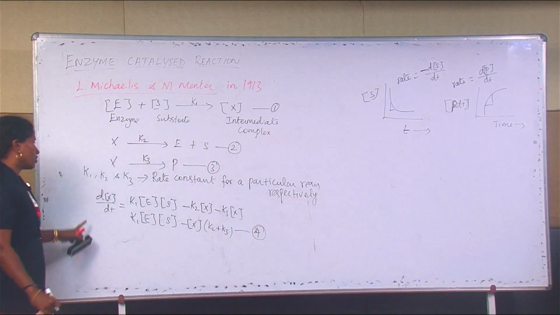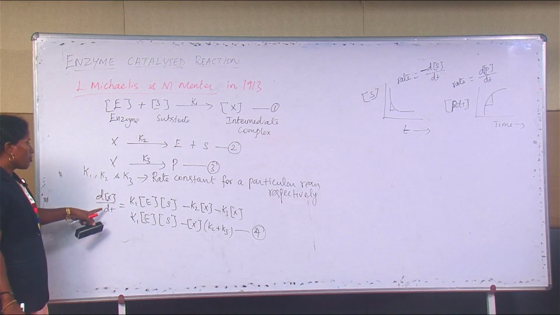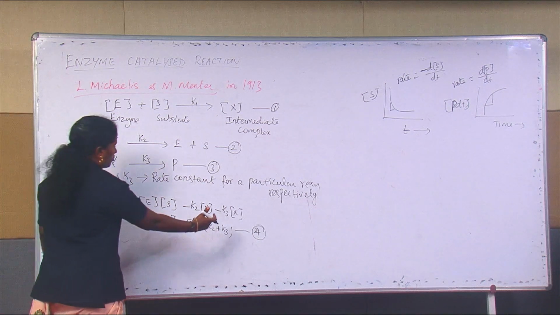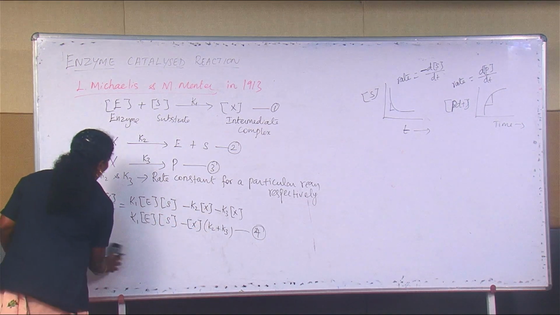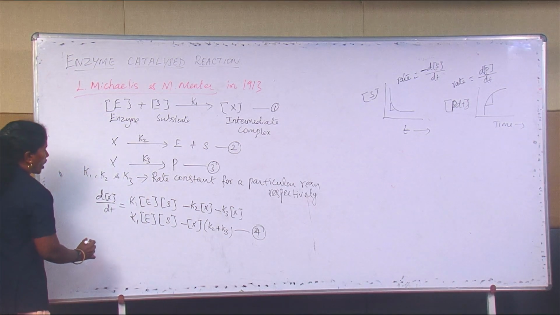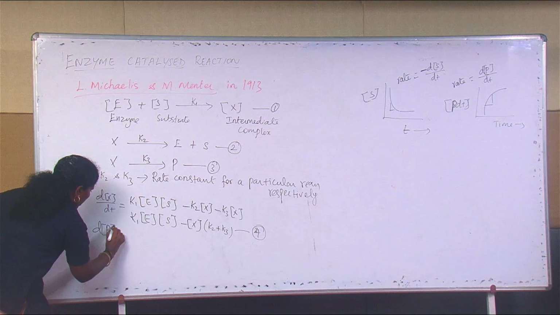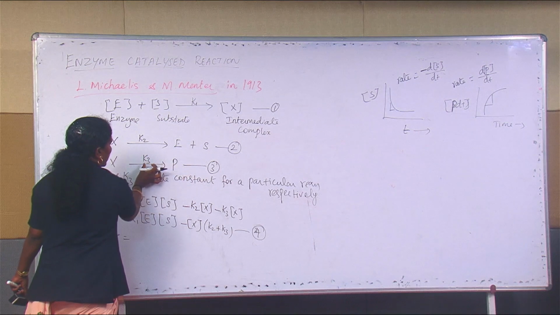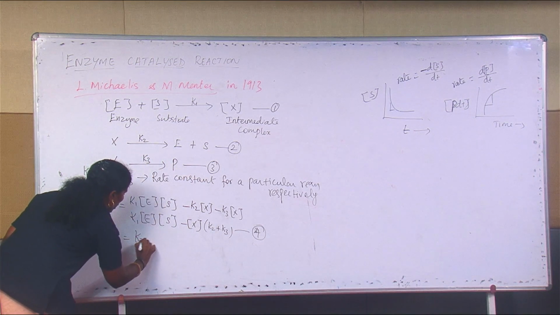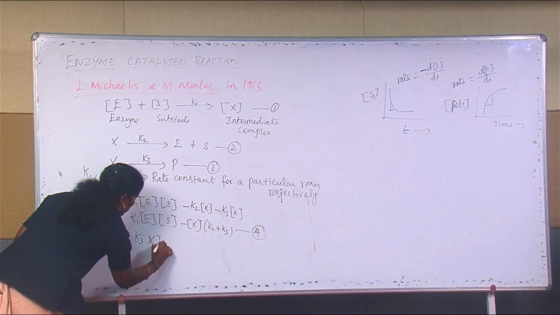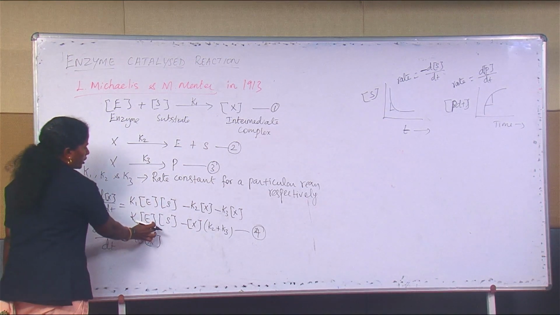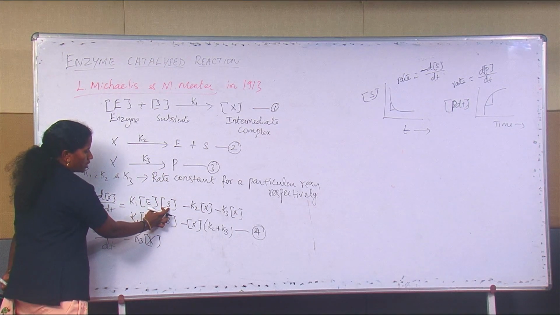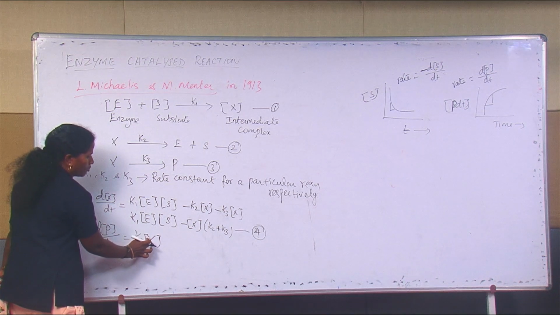The rate of formation of product, dP/dt, equals K3 X. We write everything in square brackets, meaning the concentration of enzyme, the concentration of substrate, and the concentration of intermediate complex.